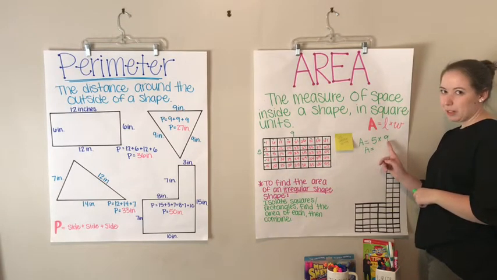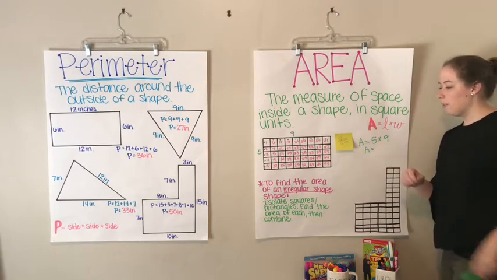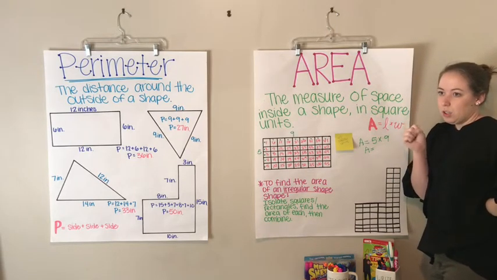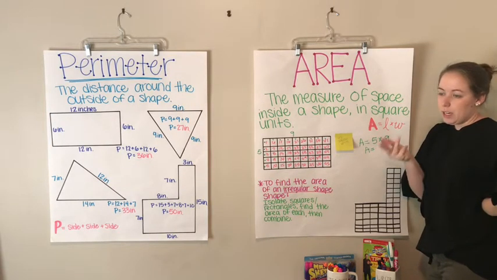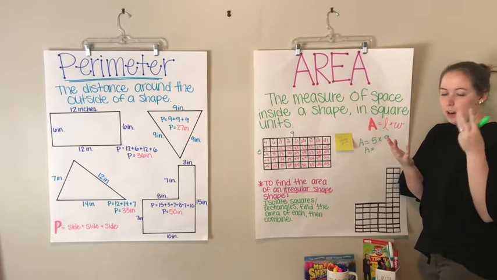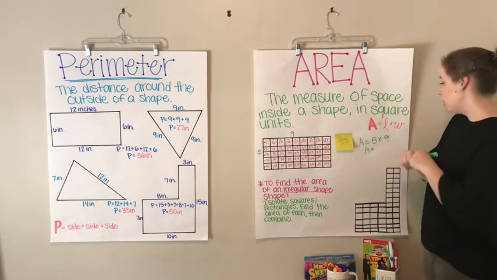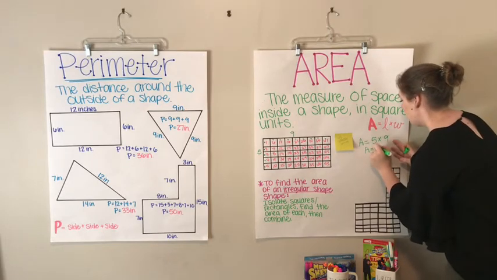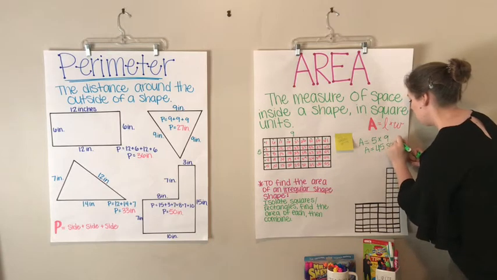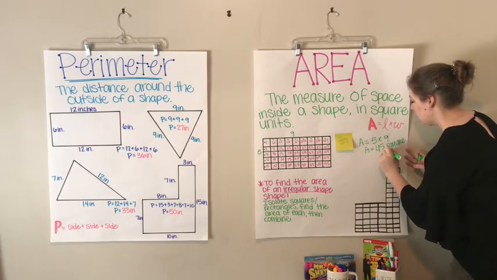I'm not so great at skip counting with 9s, so I'm going to try 5s, and I'm going to count to 9. So we have 5, 10, 15, 20, 25, 30, 35, 40, 45. All right, so 45 square units.